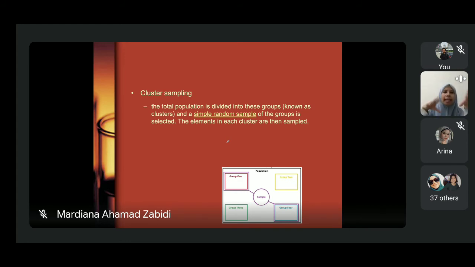Sebab trolley A dengan trolley B, they contain the same raw materials. Okay? But between strata ataupun between this particular cluster, they are heterogeneous. And I kena collect sampel daripada kedua-dua troli ni.